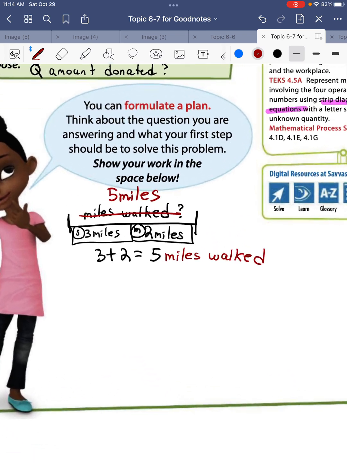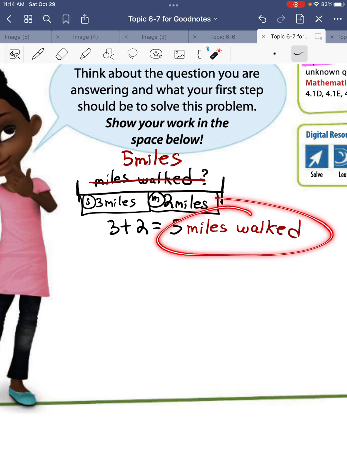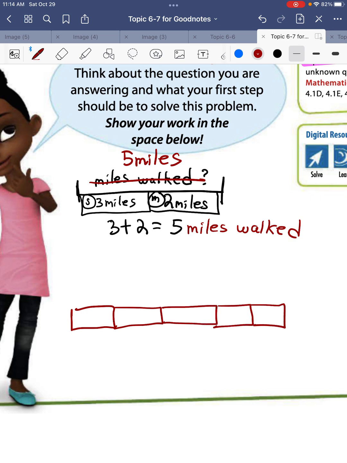So I'm going to make another strip diagram. So because they walked 5 miles, I'm going to draw 5 boxes. So 1, 2, 3, 4, 5. And again, my top is the total.